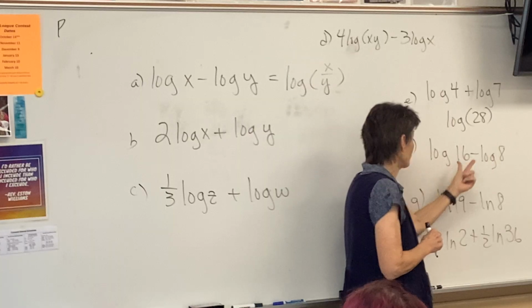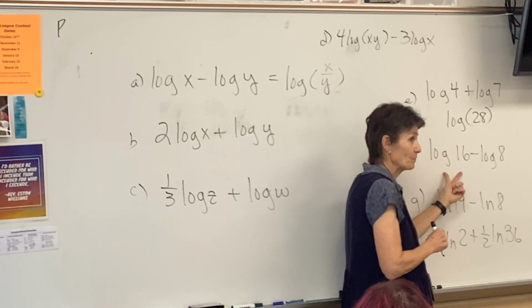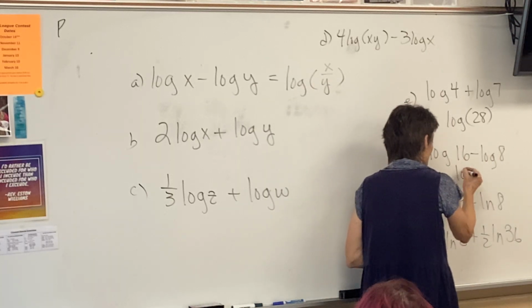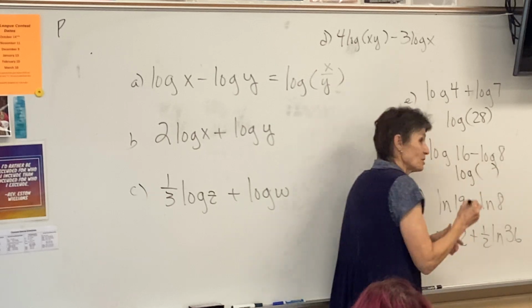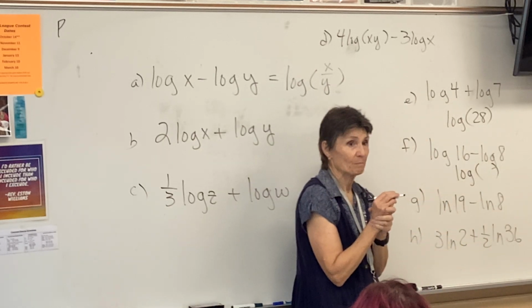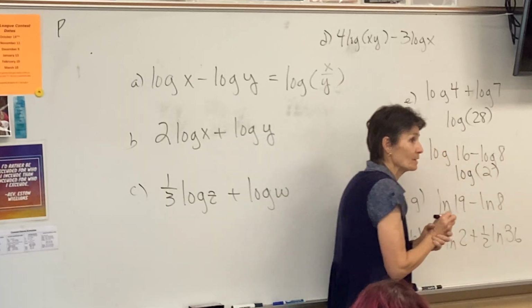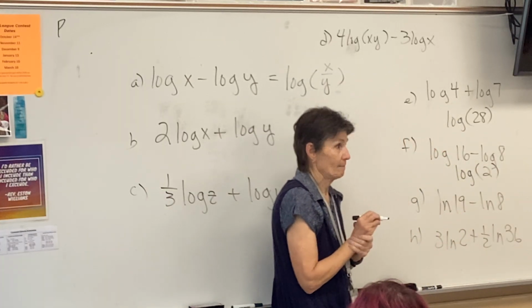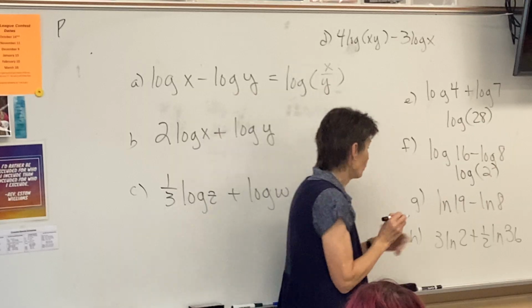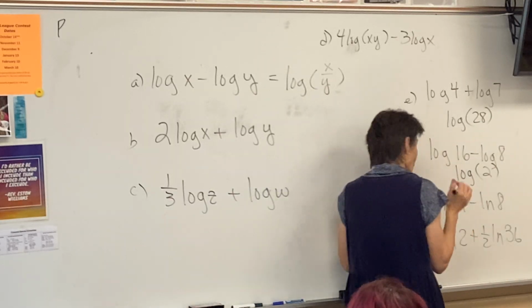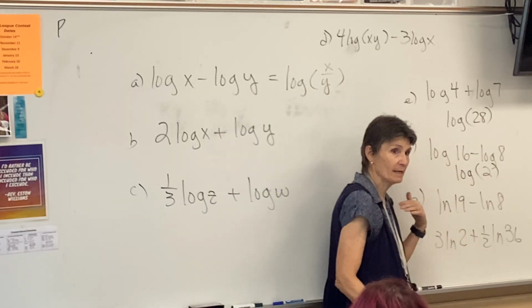Okay? So let's look at the one right under that. Let's look at F. I'm going to make this one logarithm, so I'm going to write log. Now what's going to be in the parentheses? 2. Because it's 16 divided by 8. X divided by y. What about G? Now don't panic. What's ln? Isn't ln a logarithm?